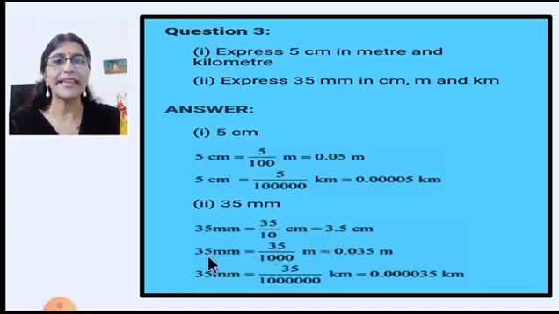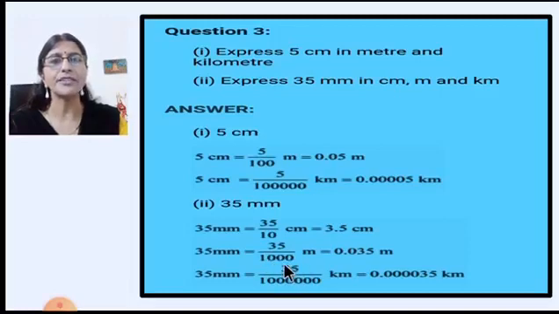Now next one again, millimeter to meter. So we know already 1000 millimeter is 1 meter. So 35, you can see here, we are converting millimeter to meter, means we have to divide. 35 is divided by 1000. Now again the same method, we'll count the zeros. 3 zeros are there in the denominator, and this is a division sign, we are dividing.